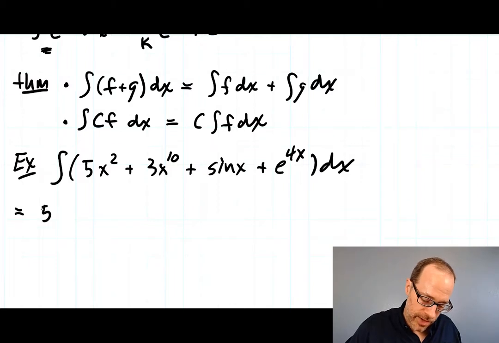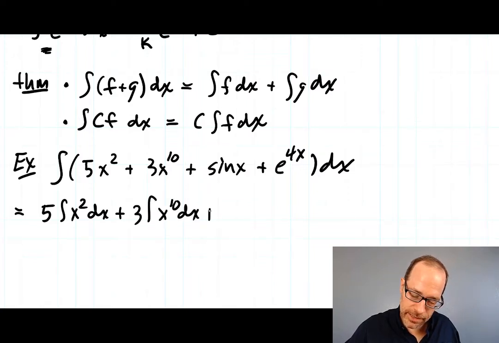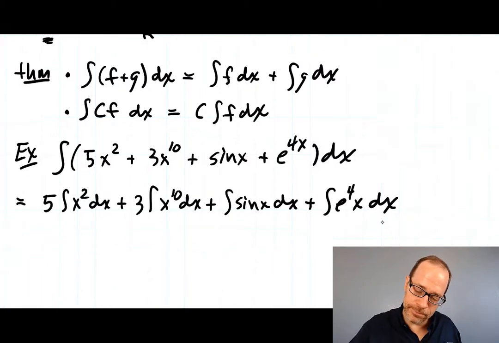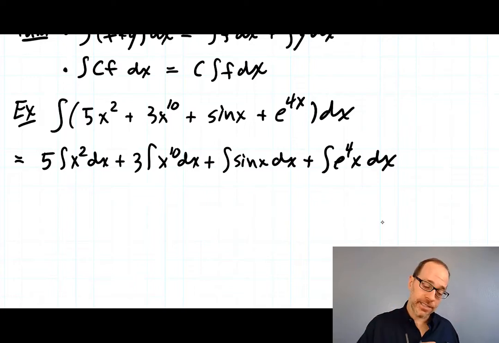So it's 5 times the integral of x squared dx, plus 3 times the integral of x to the 10th dx, plus the integral of sine x dx, plus the integral of e to the 4x dx. Here I just broke up sums and pulled constants out.